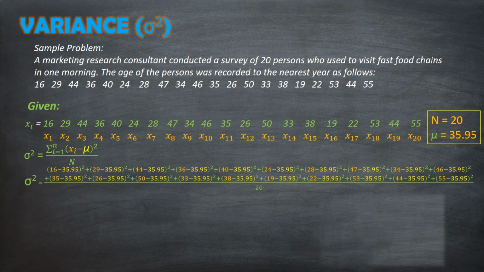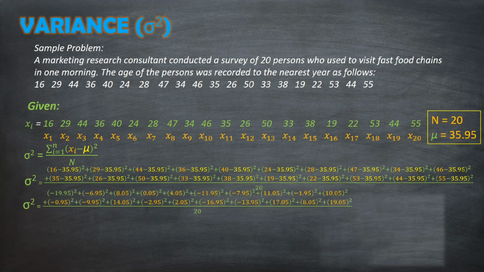So this is what we mean by the summation of the square of the difference of x sub i and μ. We are adding each time we subtract our x sub i, from x sub 1 to x sub 20, then you square the difference.